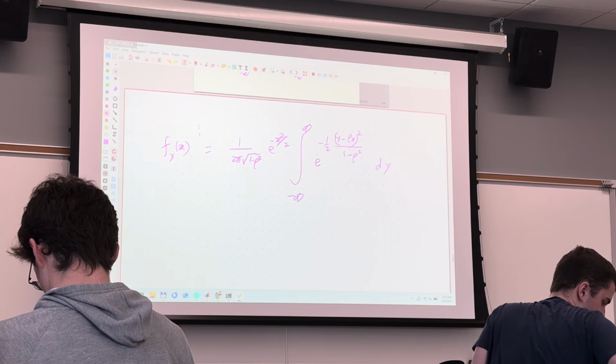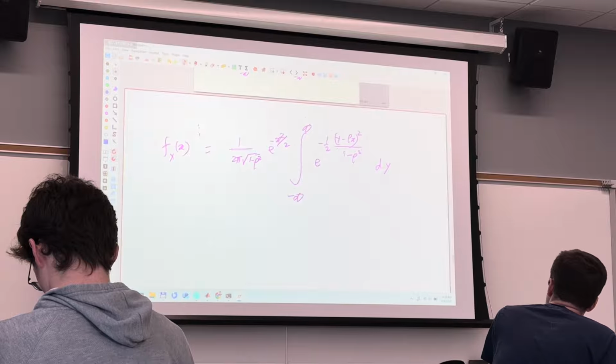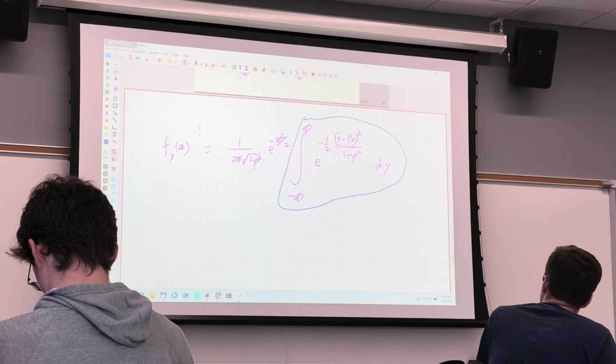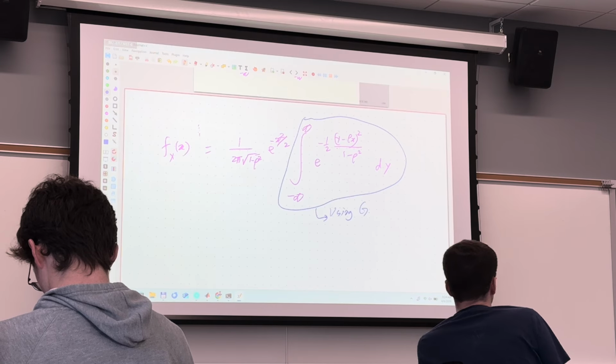Now you can see this part, using the Gaussian integral, again I'm using the Gaussian integral from chapter 4.